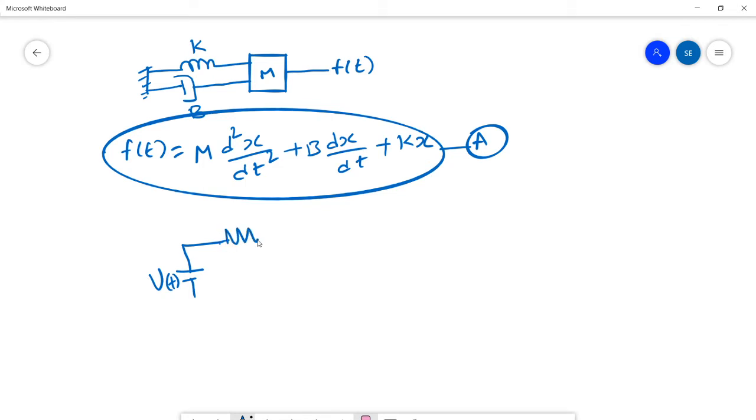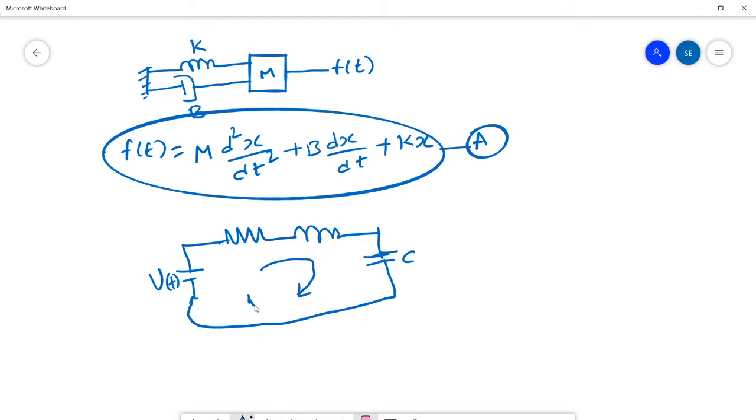So we have R, L and C. RLC circuit, right? Then current across the circuit is I. It is equal to, in terms of charge, dq by dt, right? R is the resistor, L is the inductor.